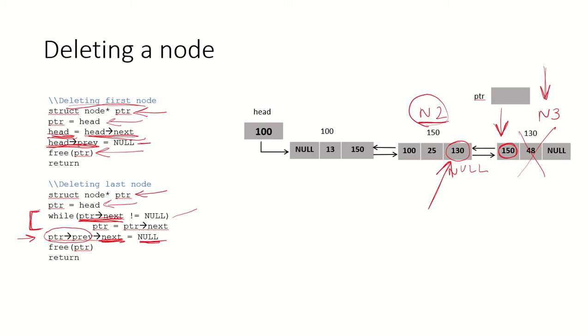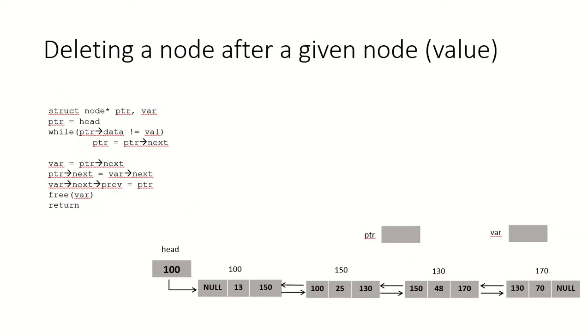Now we simply have to free the space that is allocated to node 3. So we write free PTR. This will release the space and give it back to the heap. So this is how we can delete a node from the end. And since the complete linked list will have to be traversed, the complexity would be order of n if there are n nodes in the linked list.